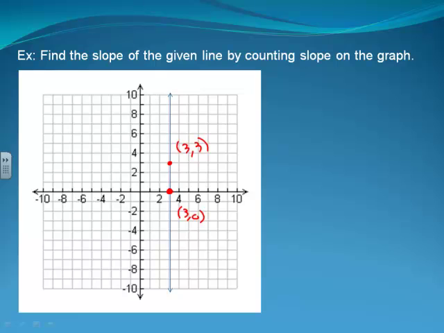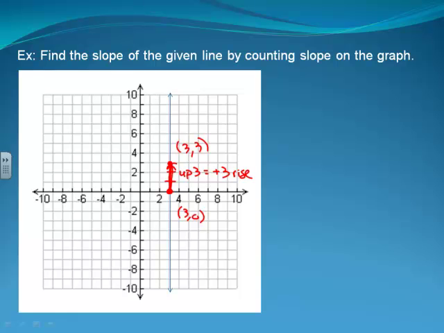Okay, now you can't really draw a triangle because there is no left or right or horizontal movement. There's only vertical movement. So in this case, you agree with me that if you're going from your lower point to your upper point and you're counting, you go up 1, 2, 3. So up 3 is equivalent to a +3 rise.